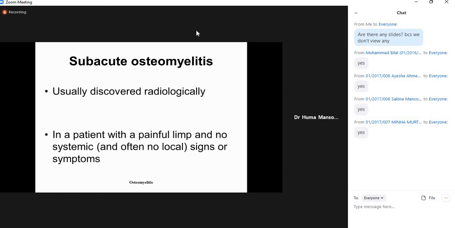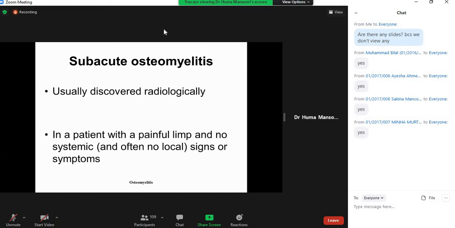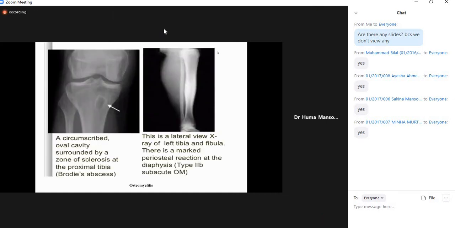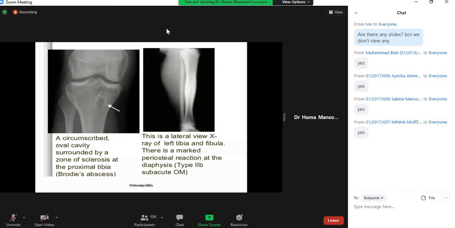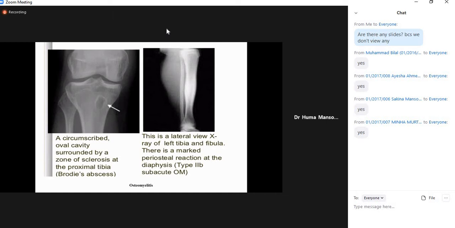Then there's subacute osteomyelitis, which is usually discovered radiologically in a patient with a painful limb and no systemic signs or symptoms. So if you can see, there is a circumscribed lesion. This is Brodie's abscess. And what is Brodie's abscess? It's a small intraosseous abscess that frequently involves the cortex, and it's cordoned off by the reactive bone.